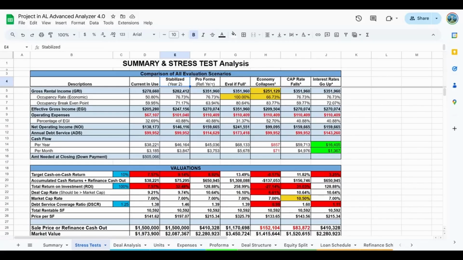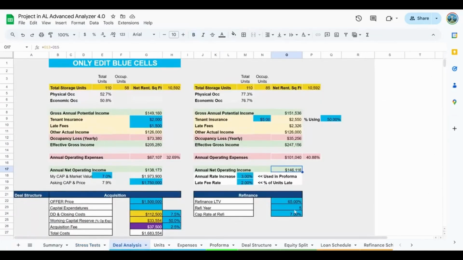And then the third column is your pro forma. And these numbers are based off the year that you're going to be refinancing, which is entered in under your deal analysis refi year.